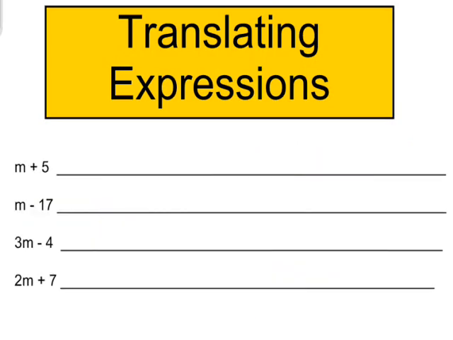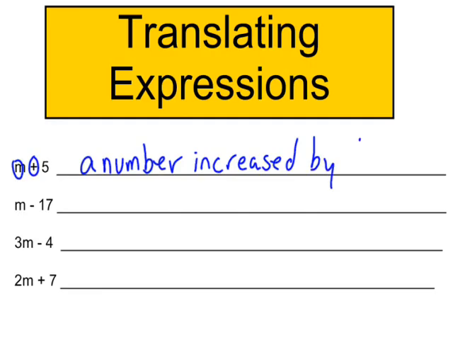Now sometimes you're asked to go from number form into word form, and we're going to use some of the words from that previous page. The first one says m plus 5. There's a couple different ways I could write this. I'm going to write this as a number increased by 5.